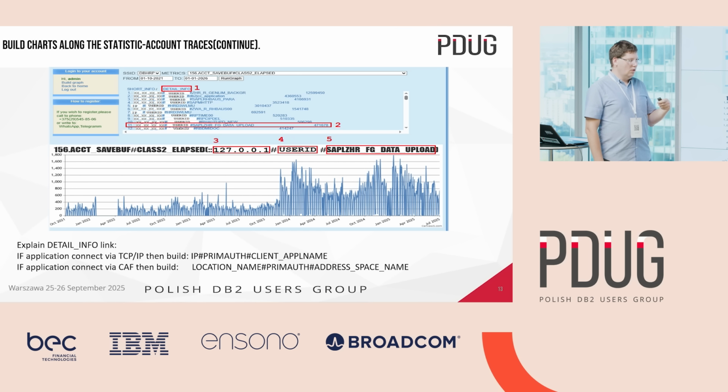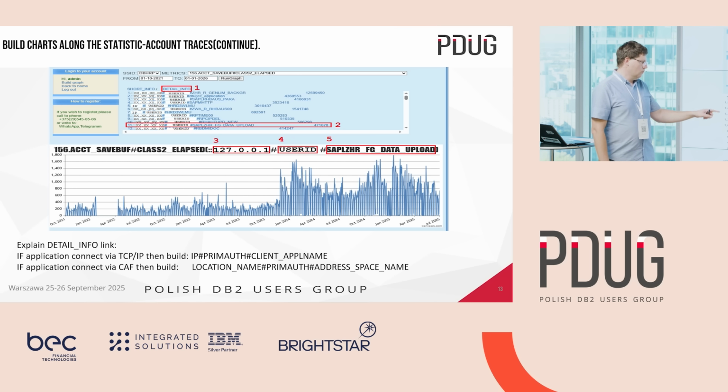I know from which host, from which user ID, who runs this application and consumes more resources. If the application connects via TCP/IP, then I build IP, primary authorization ID, and client's application name. If the application connected via CAF, then I build location name, primary authorization ID and address space name.